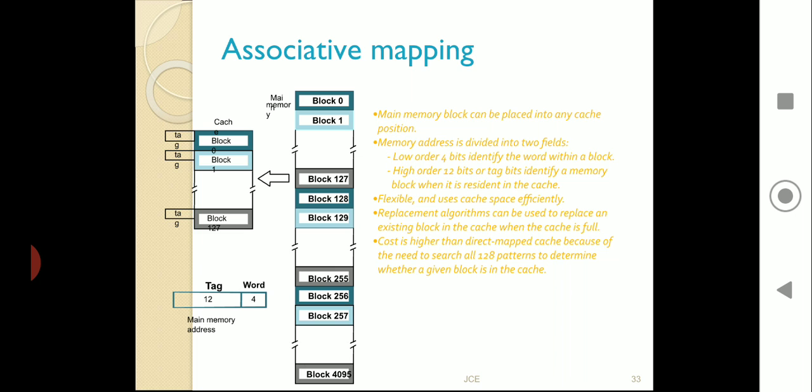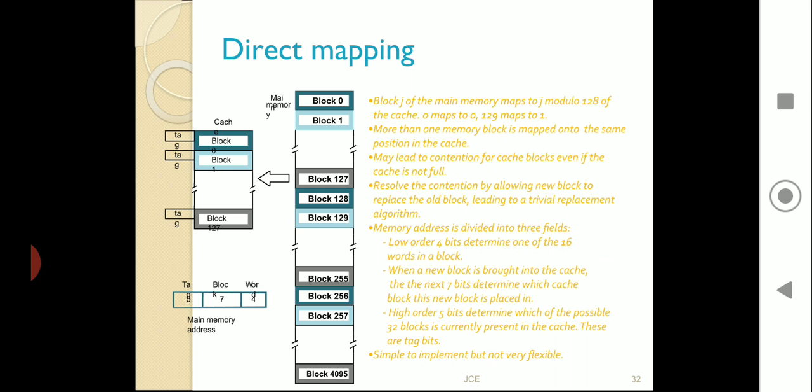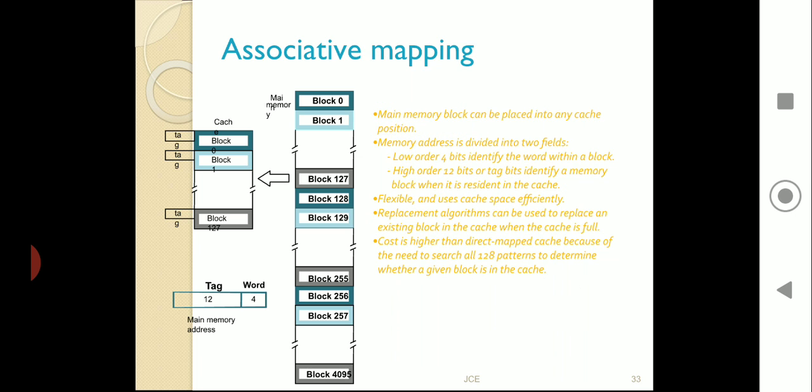In direct mapping, after block 1, the next word will be stored in a fixed position itself. That was the major disadvantage. That is not to be done here. You can use any cache block position, which means you can map to any identified empty block. There is no need to free any cache block.